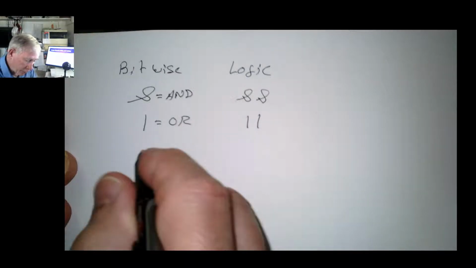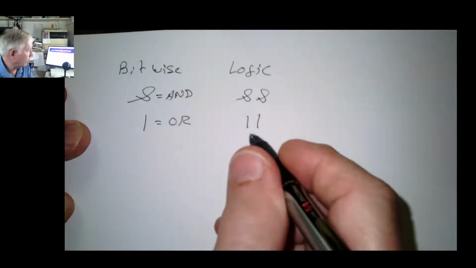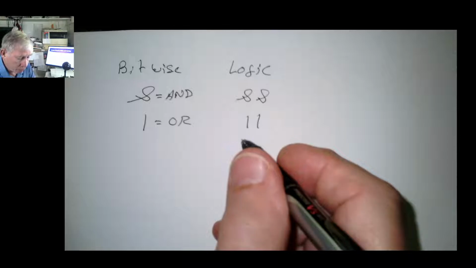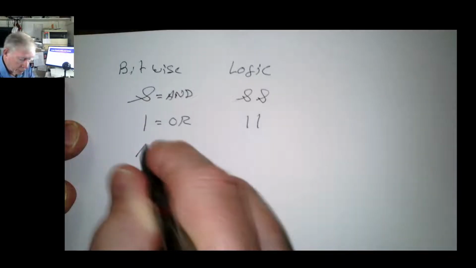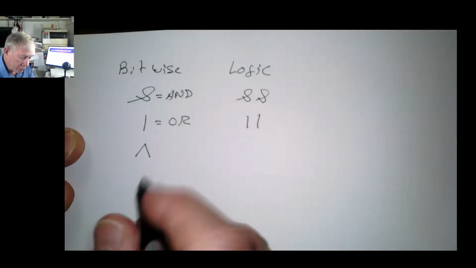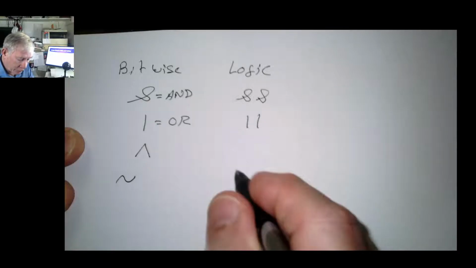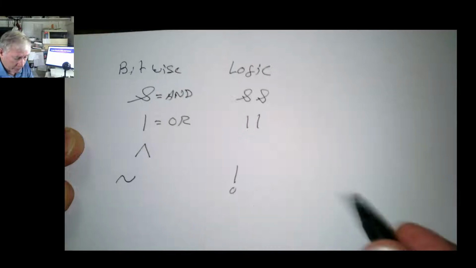And then there is no logical exclusive OR, so we just use that. And the bitwise invert is a tilde, and the logical invert is the exclamation point.